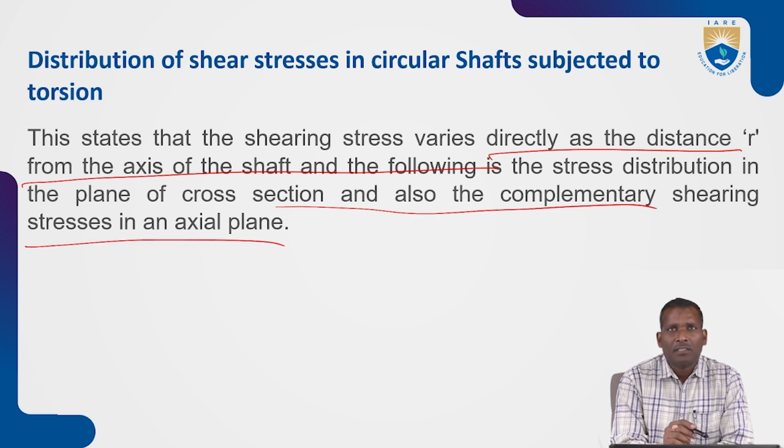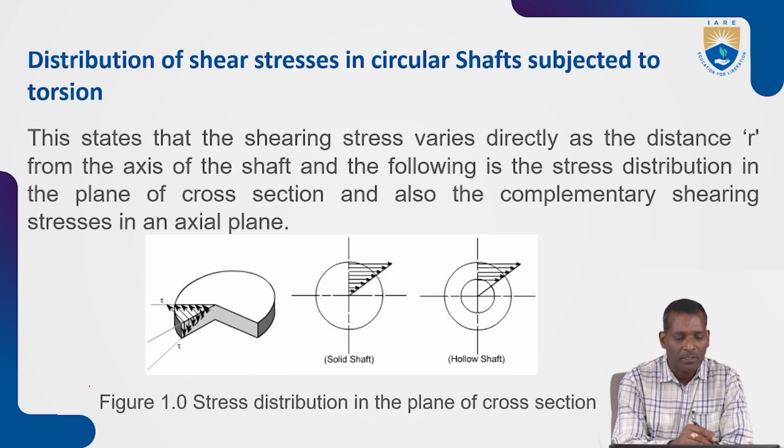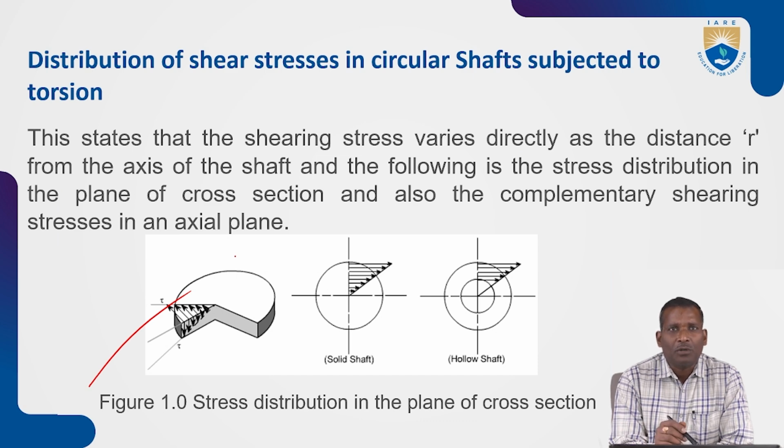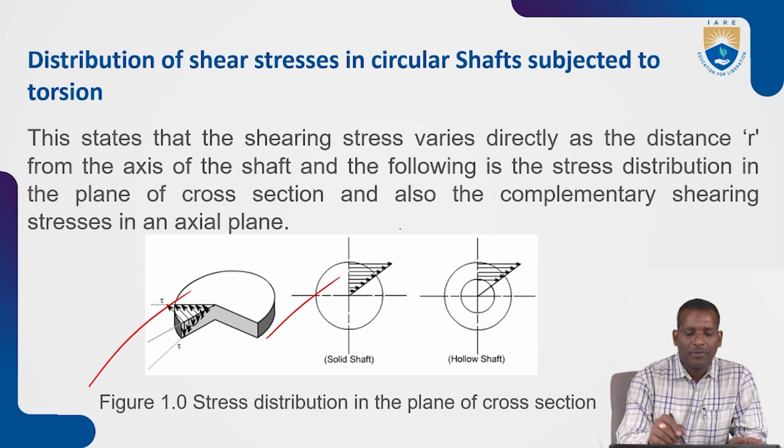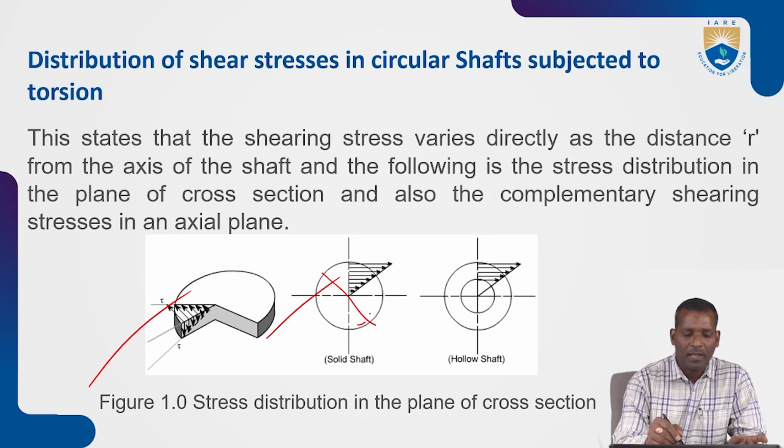We will see this in the diagram. Here one is a solid shaft and another is a hollow shaft. The solid shaft has only one diameter, while the hollow shaft has an inner diameter and an outer diameter.